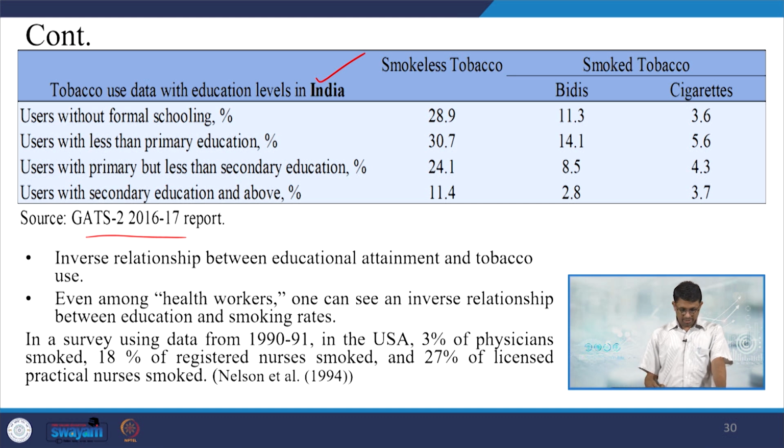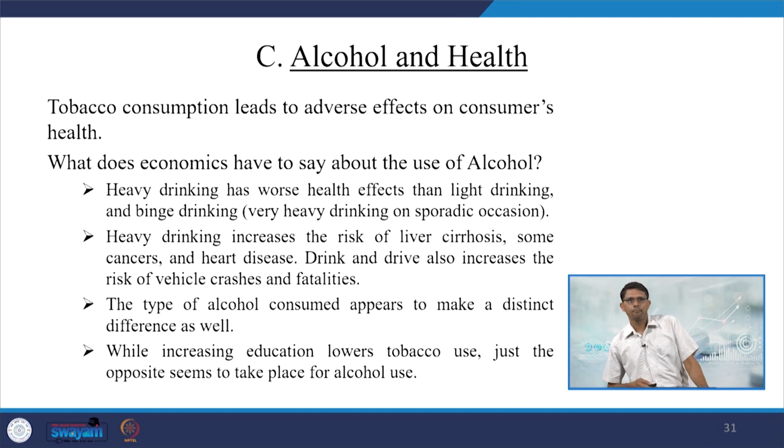Now, you can easily see that education has a positive role. Education actually helps in declining the rate. An inverse relationship is observed between education and tobacco use. Accordingly there are important implications, and you please have a read and you will enjoy these examples.